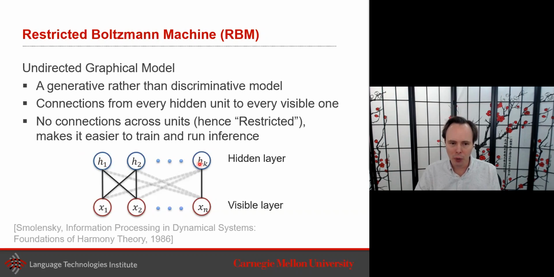There's no structure between them. I don't enforce that, and that's what makes it a restricted Boltzmann machine. I'm about to introduce a Boltzmann machine in itself, but the restricted Boltzmann machine is the one that does not have any link between the random variables from the same layer. And the reason people use a restricted Boltzmann machine is that it simplifies inference. That's one of the reasons.